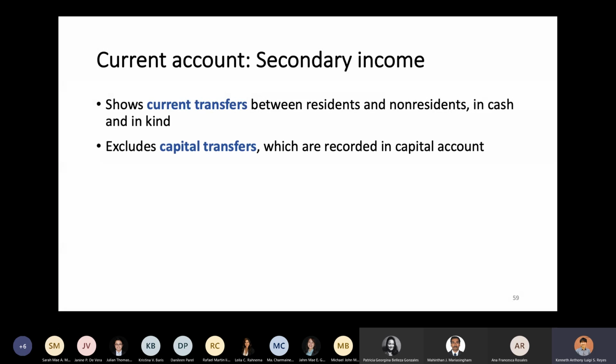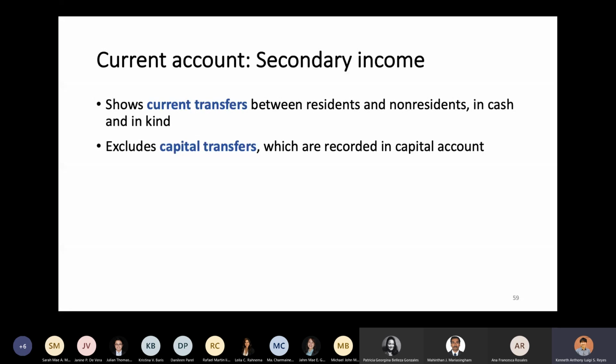So let's define what we mean by a transfer versus other types of transaction. For a transaction to be a transfer, there has to be the provision of a good, service, or asset with no corresponding return. If there is a return, then that's called an exchange, which is the type of transaction found everywhere else in the balance of payments.